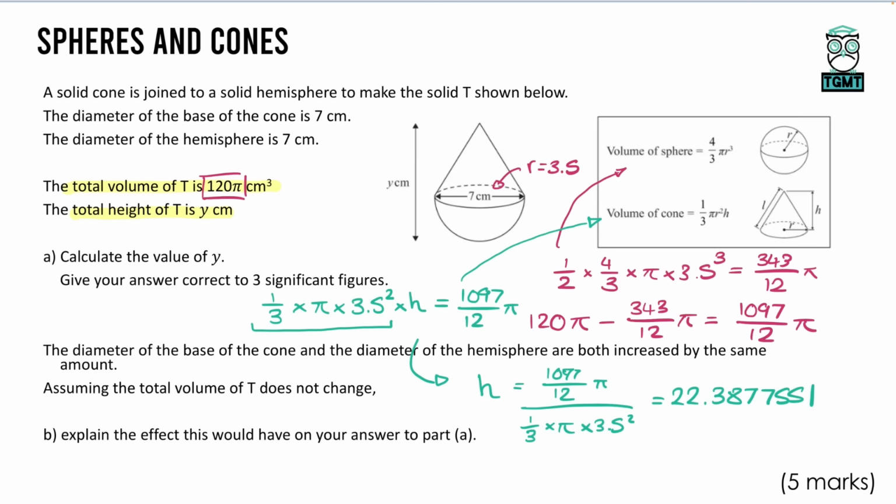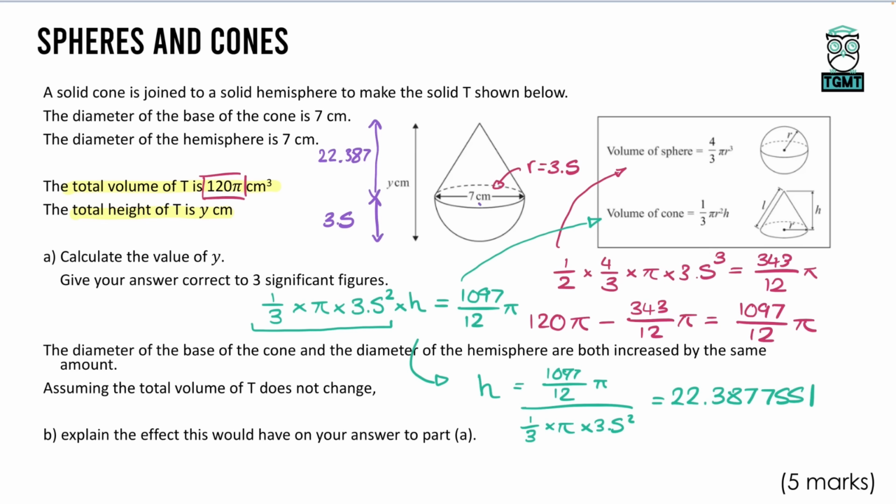Now this particular question, of course, is only asking us for the height of the overall shape. So we have up to the height of the hemisphere there, which is this 22.387. And we have the height of the hemisphere because that's the same as the radius, so that is 3.5.